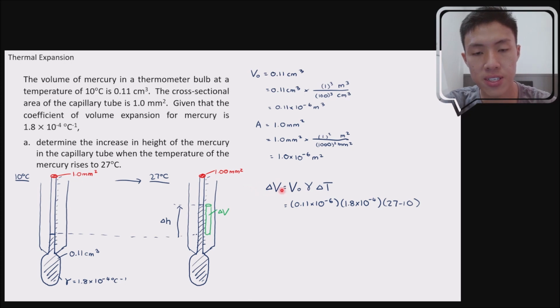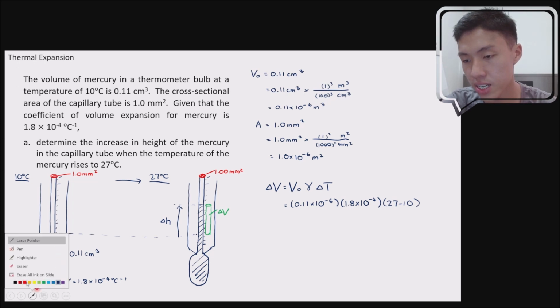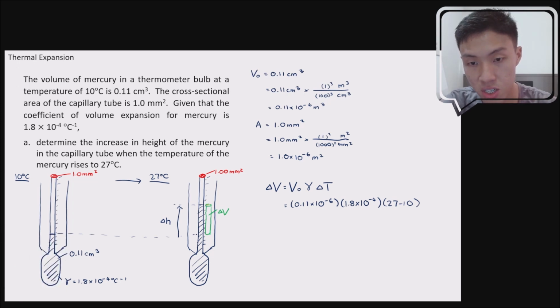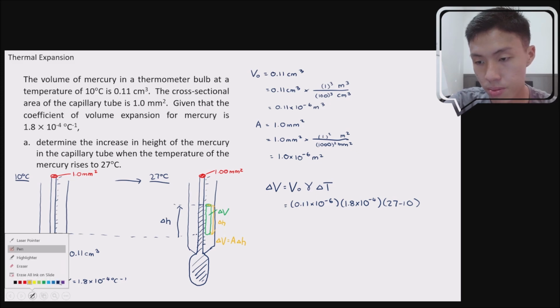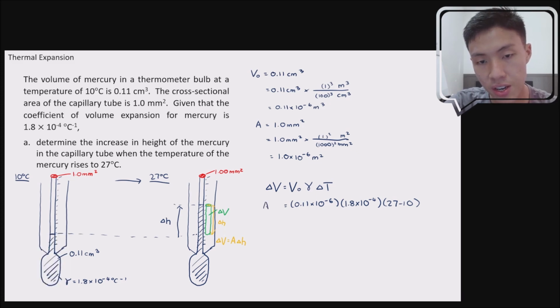For the left hand side, the change in volume is just the cross-sectional area multiplied by the change in height. So you can replace this change of volume with the cross-sectional area A multiplied by the change in height.